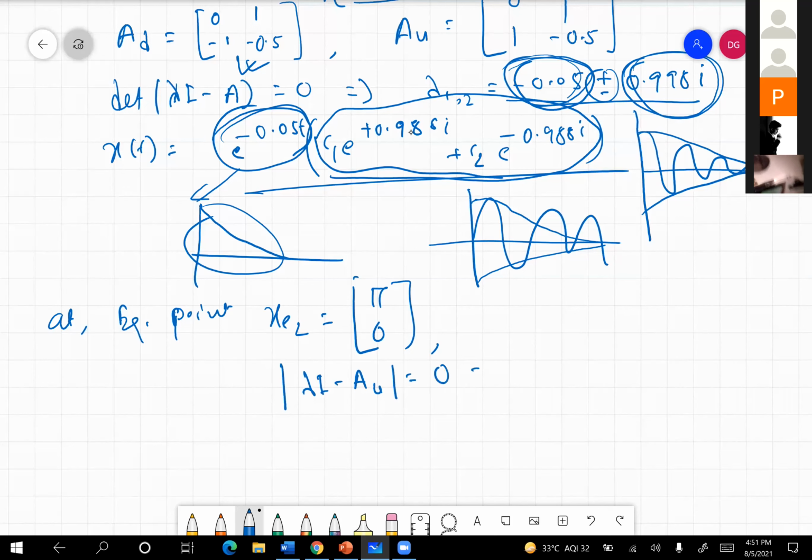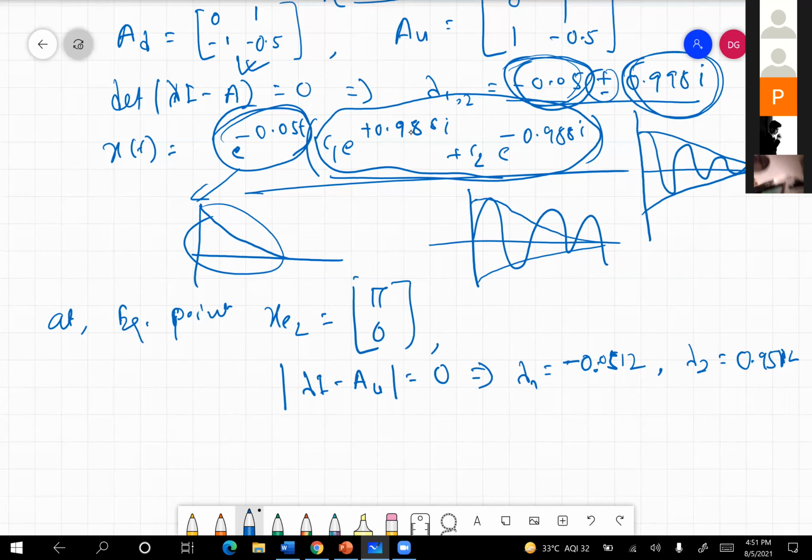If I solve this equation, my lambda 1 comes out to be minus 0.5051, and the other eigenvalue is 0.9512.